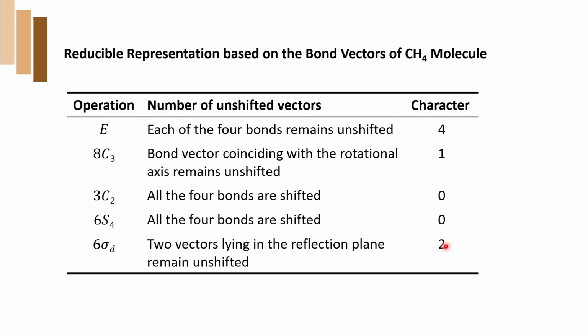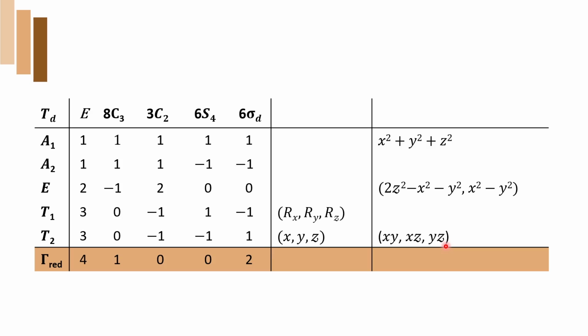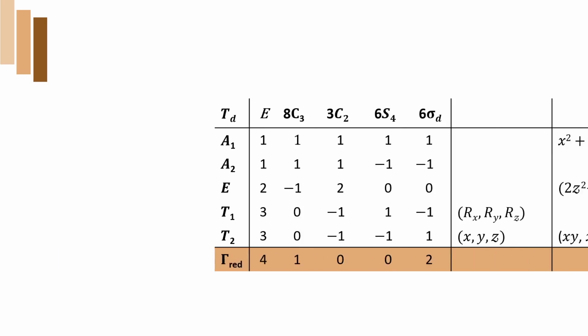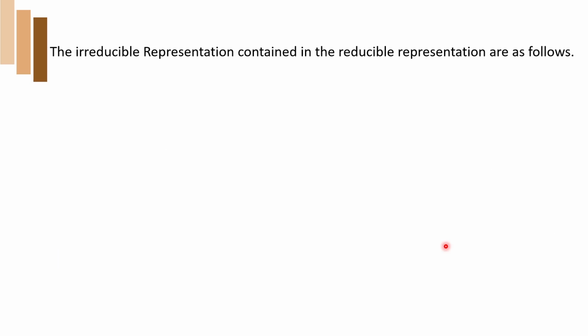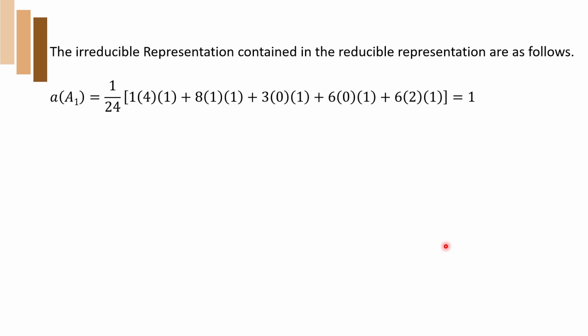So we have 4, 1, 0, 0, and 2 as the characters. The next thing is to decompose this using the standard reduction formula, and we'll see how a reducible representation can be decomposed into the corresponding irreducible components. In doing so, I will use the standard reduction formula as we have described, because there are 24 elements, and multiply accordingly.